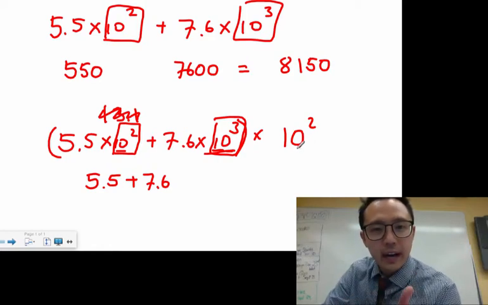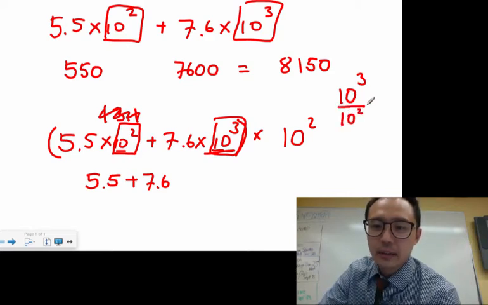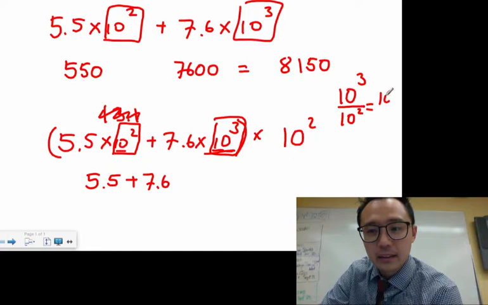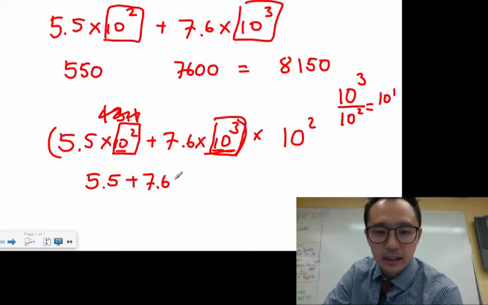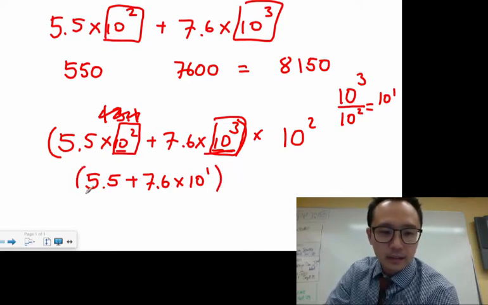Factoring is division, so you subtract the exponents and get 10 to the power of 1. You still have the factor of 10 to the 2 on the outside.